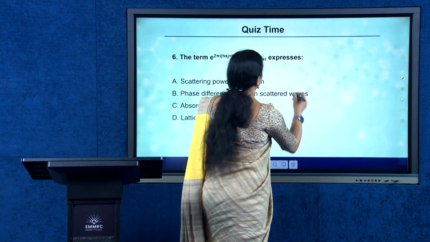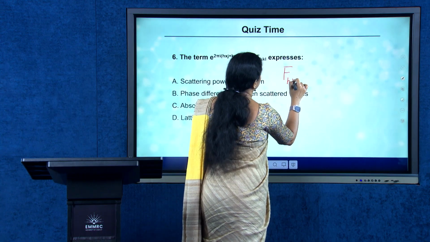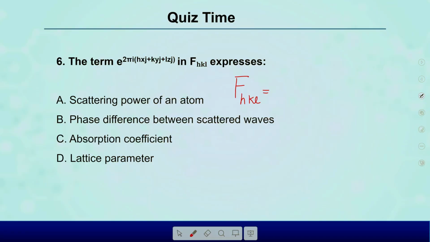In the last class we have seen that mathematically the structure factor FHKL can be represented as summation j equals 1 to n of Fj, which is the atomic scattering factor, into e raised to 2 pi i (hxj plus kyj plus lzj).